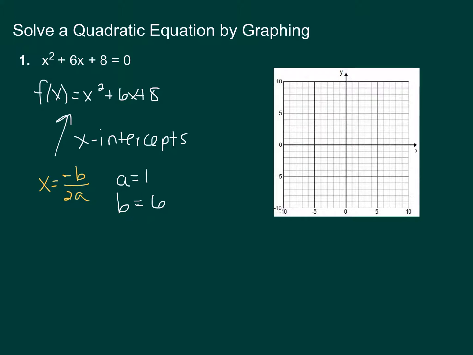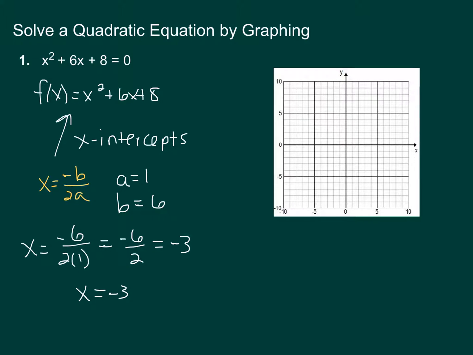So again, if it wasn't equal to 0, we couldn't even identify a, b, and c. Anywho, so x equals negative of 6 over 2 times 1, which equals negative 6 over 2, which is equal to negative 3. Also, feel free to pause this video at any time to catch up with me. So that is the x value of the vertex.